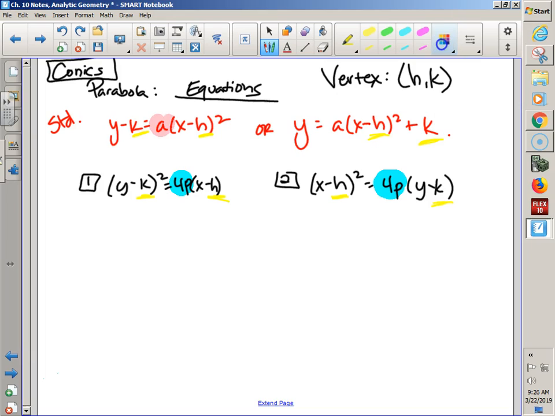Yeah, we had a multiplication before, but our multiplication was here. Now, here's my question. Is a equal to 4p? Why isn't a equal to 4p? Where's a? In front of x minus h. Right? Yeah, it's with the square. a is with the squared, but where's 4p?